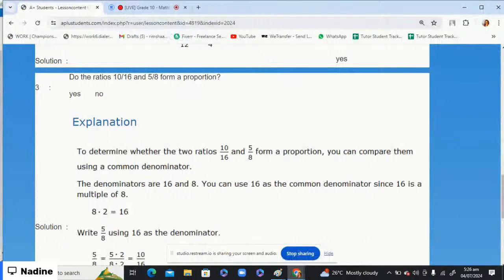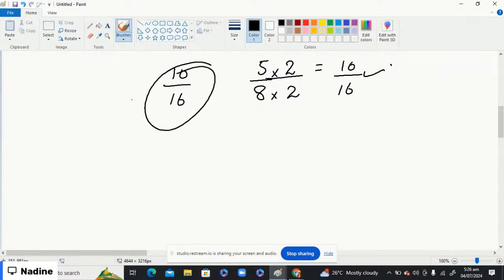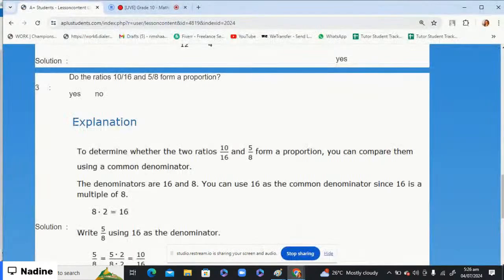In the first one the denominator is 16 and in the second one the denominator is 8, so we can use 16 as a common denominator, since 16 is a multiple of 8. Then we multiply 5 by 8 to get the common denominator, and we get 10 by 16. So we can say that these two ratios form a proportion.